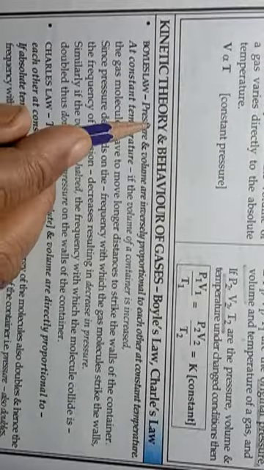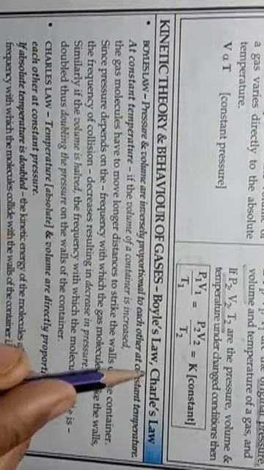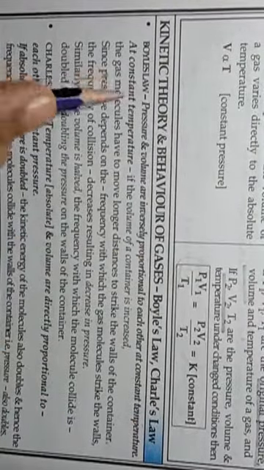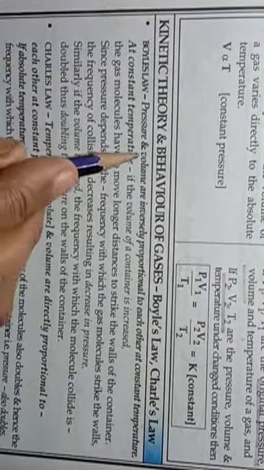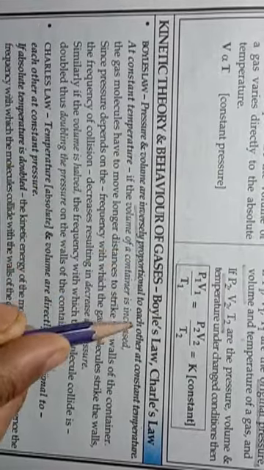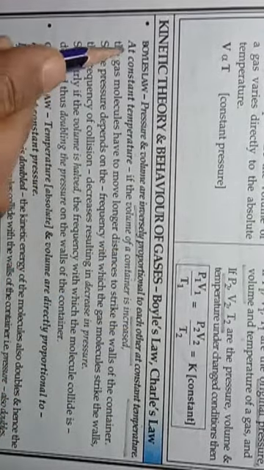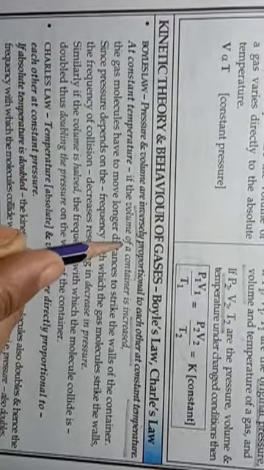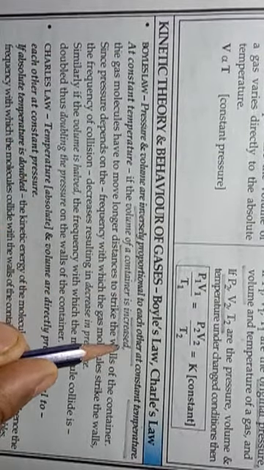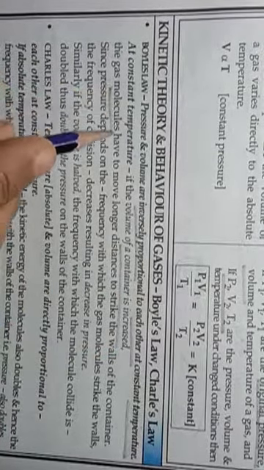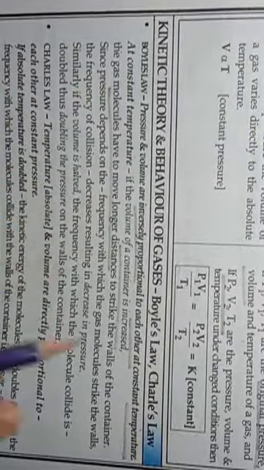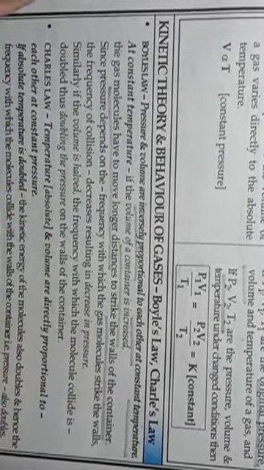Then kinetic theory and behavior of gases. Boyle's law: pressure and volume are inversely proportional to each other at constant temperature. At constant temperature, if the volume of a container is increased, the gas molecules have to move a longer distance to strike the wall of the container.